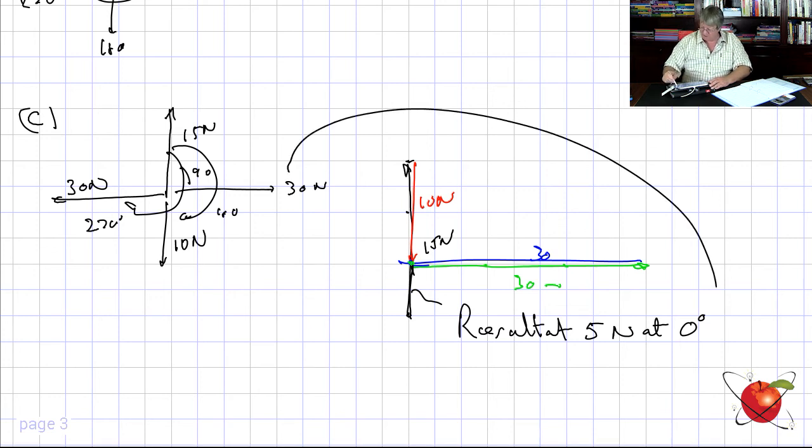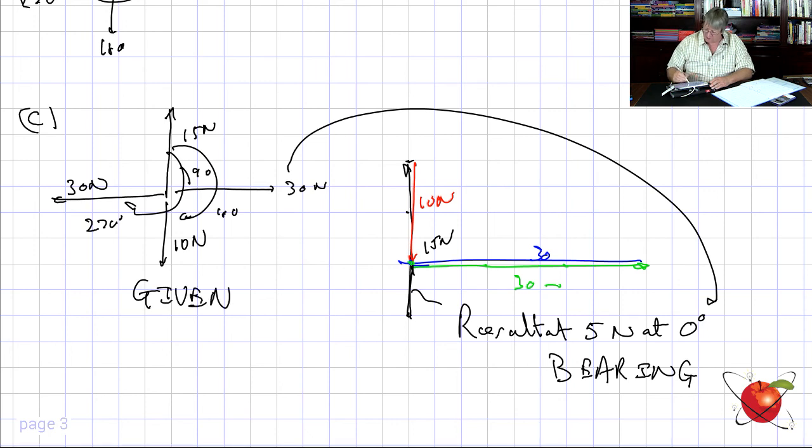Why did I do that? Okay. Because it's a bearing. We were given a bearing, so we must answer as a bearing as well. Okay. Yep, that gets us to that one.